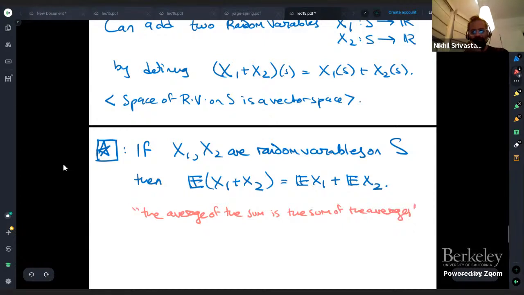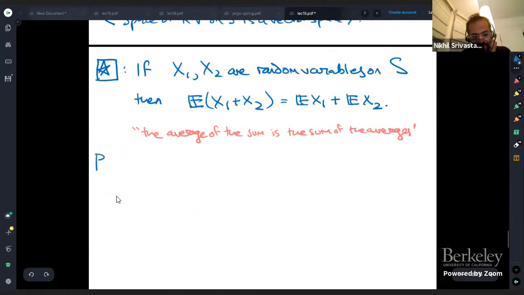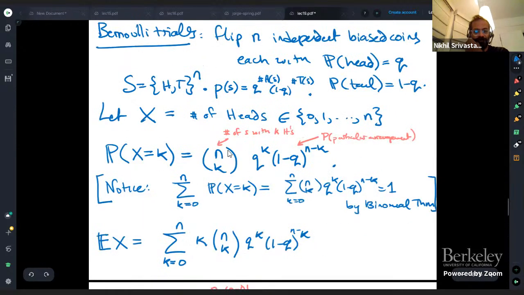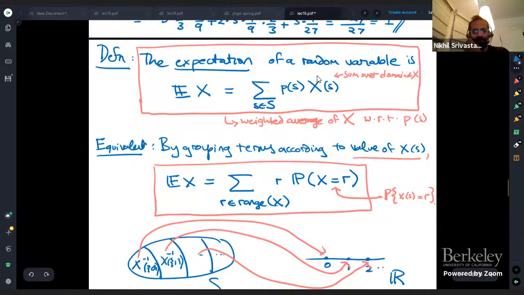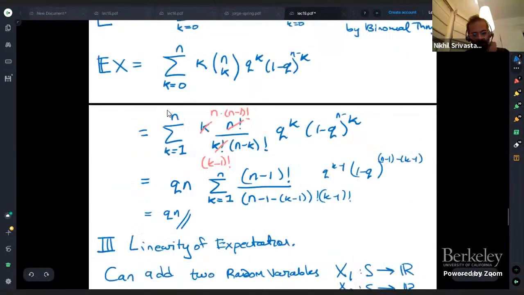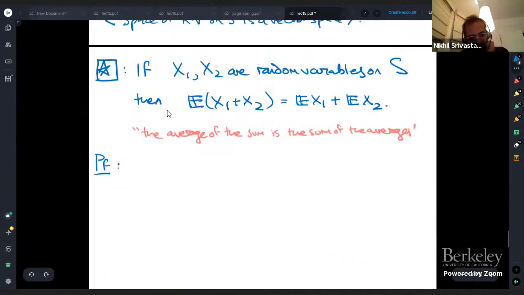The proof is really immediate from the first definition of expectation, where you sum over the sample space. So let's see that. The expectation of X1 plus X2 is the sum over the sample space of the probability of the outcome times X1 plus X2 of this point.